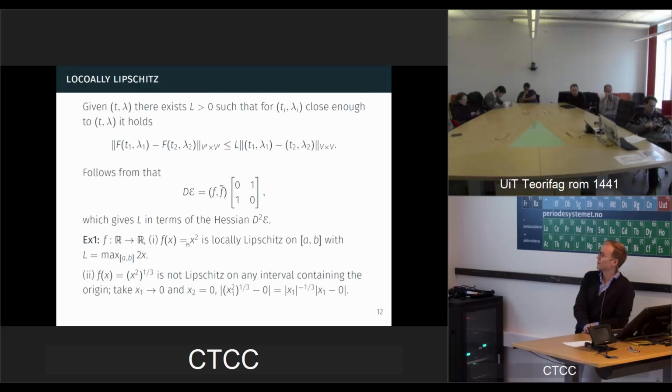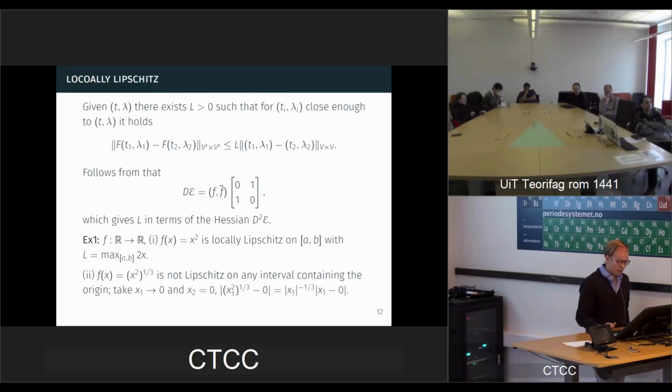But this is nothing but the derivative. So that's what we do here, more or less. We just take the derivative, and that in this case is the second derivative of the energy. And here I just included something that's not Lipschitz. So this function here is not Lipschitz around the origin. So that's what's demonstrated here.